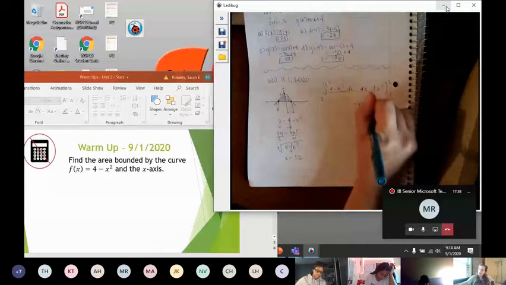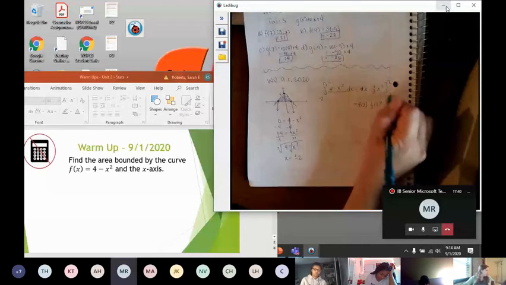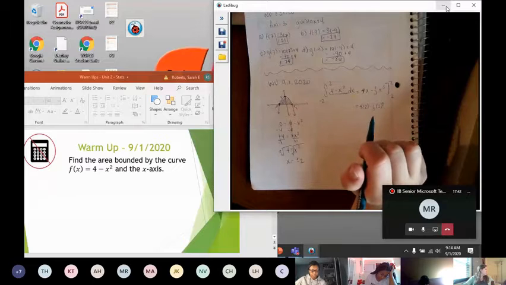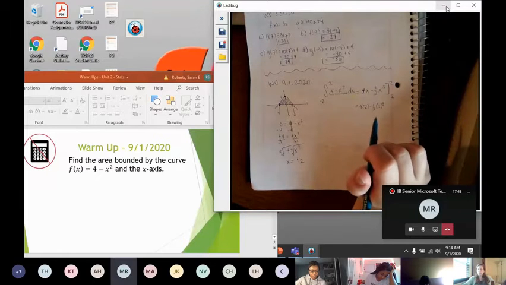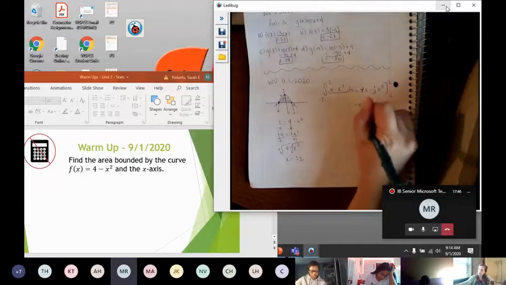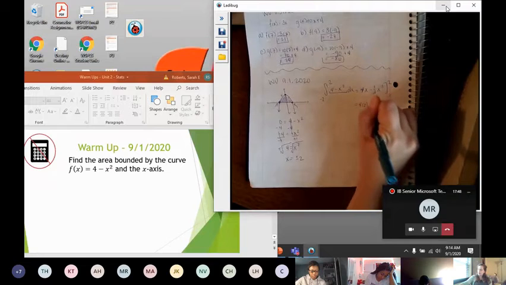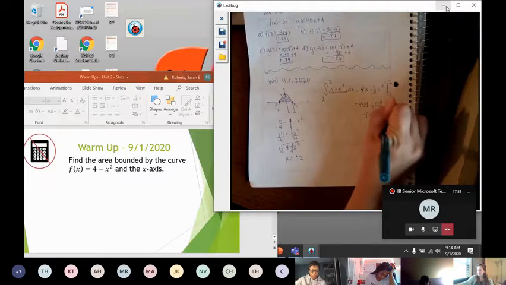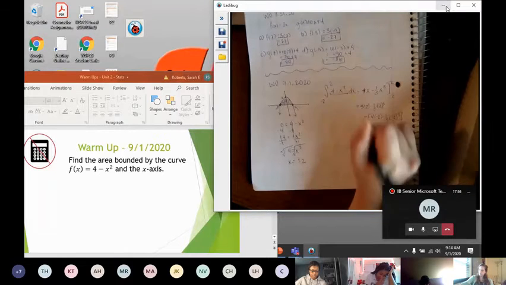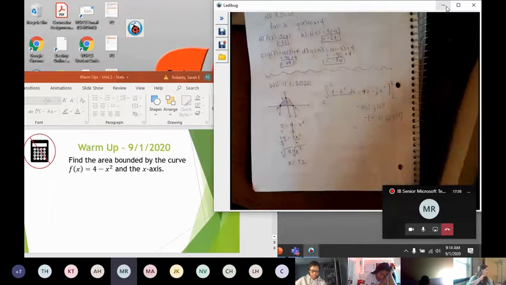And then do we add or subtract the bottom limit subbed in? Subtract. Very good. So then we're going to subtract 4 times -2 minus 1/3 times -2 cubed. Okay, so now we got to solve this.